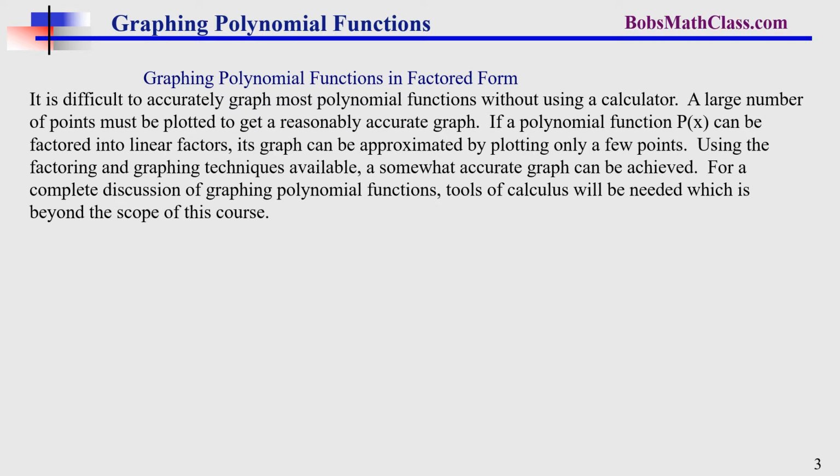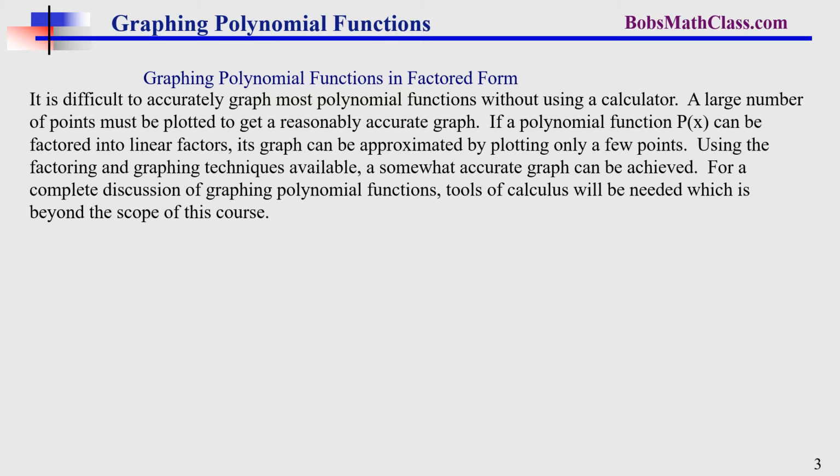It's always good to have a large number of points to get an accurate graph. But if it's not perfect, it's going to be okay here. If a polynomial function p of x can be factored into linear factors, its graph can be approximated by plotting only a few points.